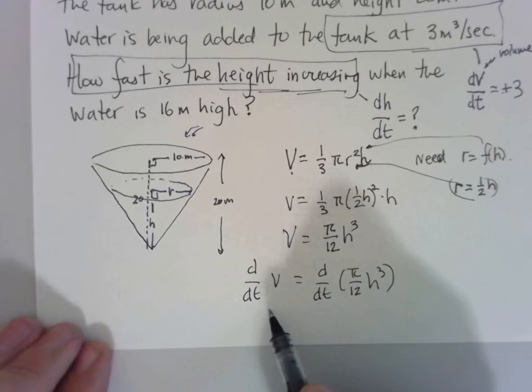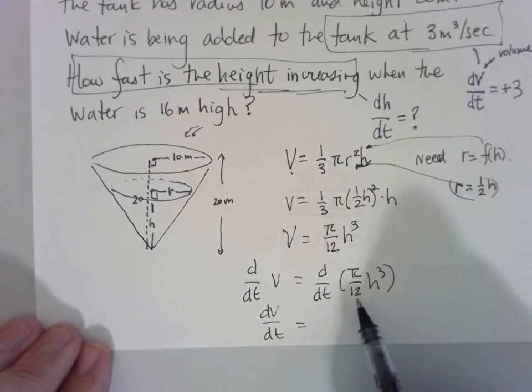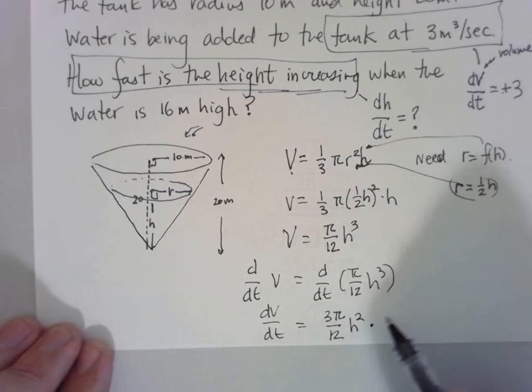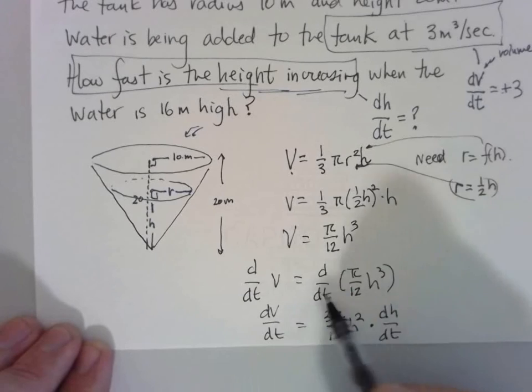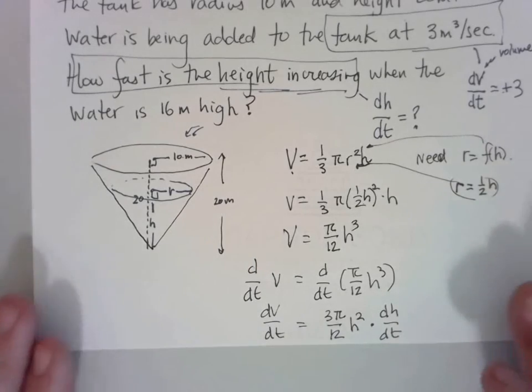This just is dV/dt. Pi over 12 is a constant. The derivative of h cubed is 3h squared. So I get 3 pi over 12 h squared, and then because of the chain rule I have to multiply by dH/dt because h is a function of time. So this is the formula that relates volume and height.